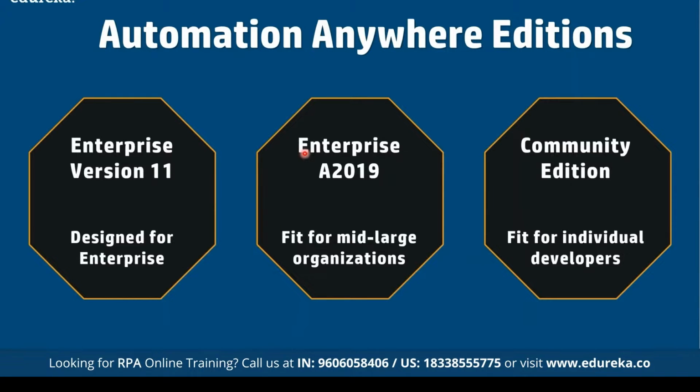Now, as far as Automation Anywhere editions are concerned, there used to be version 11. Most of the organizations are still running version 11, although many of them have migrated, and many are migrating to Automation Anywhere Enterprise version 2019, because version 11 has been discontinued by Automation Anywhere.